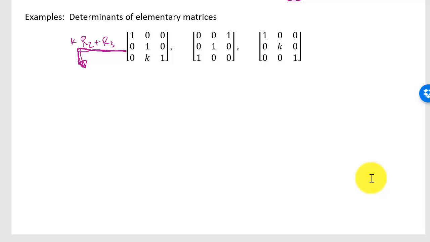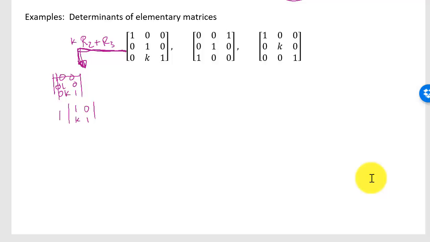Now the curious thing is we want to find the determinant of this. So 1, 0, 0, 0, 1, 0, 0, k, 1. Let's find the determinant of that. Let's expand on the first row or first column. So let's go on the first row. We have 1 times 1, 0, k, 1.